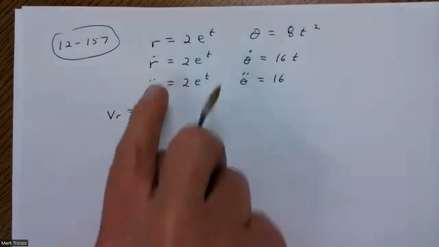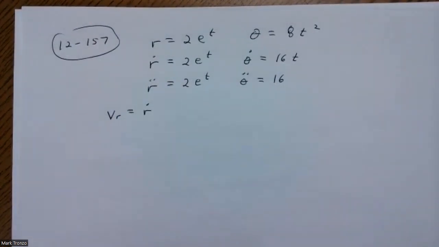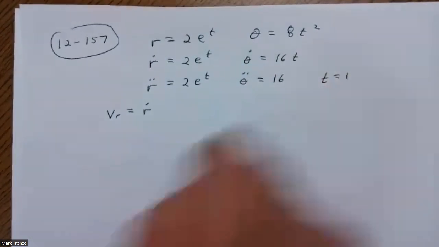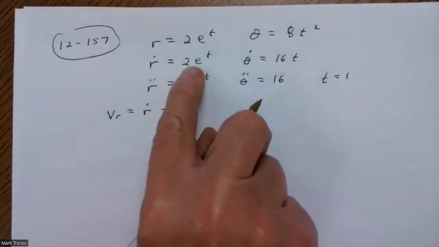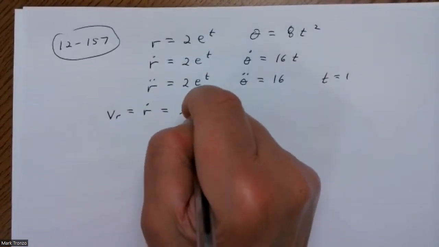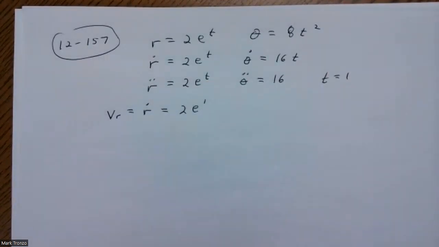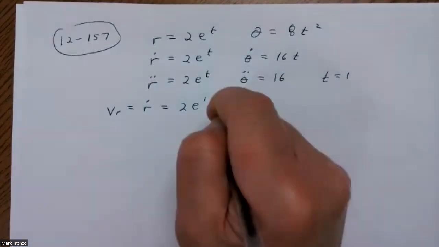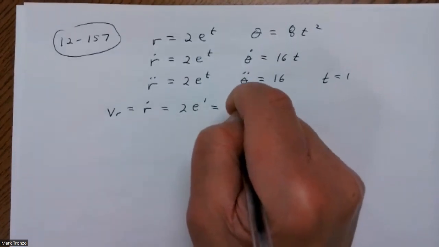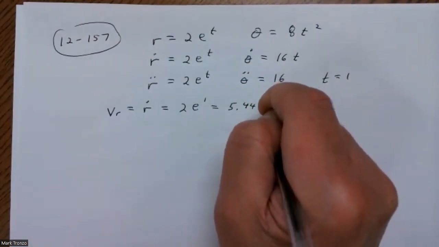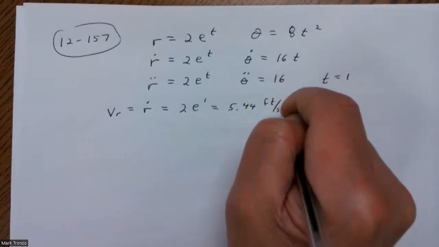We want to know what's going to happen when t is equal to 1. So r dot is simply this up here, and then just put 1 in. If you put that in your calculator, you get like 5.44 feet per second.